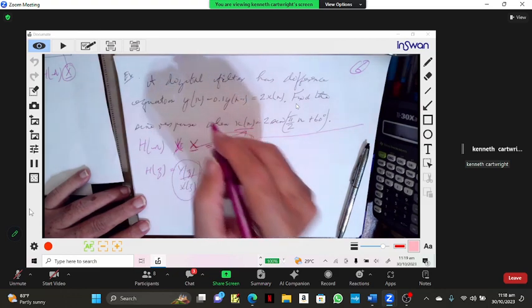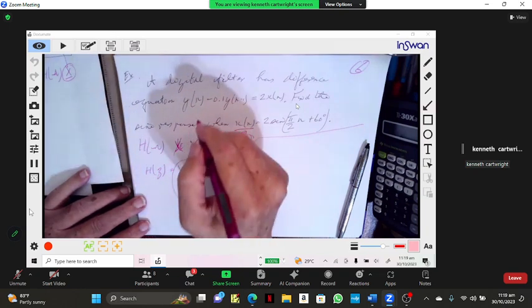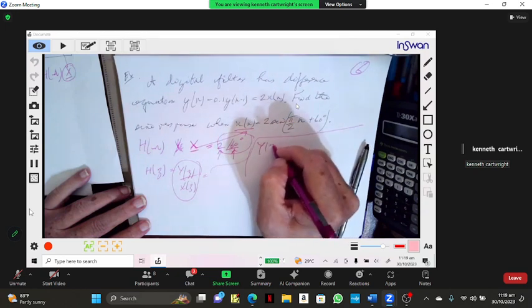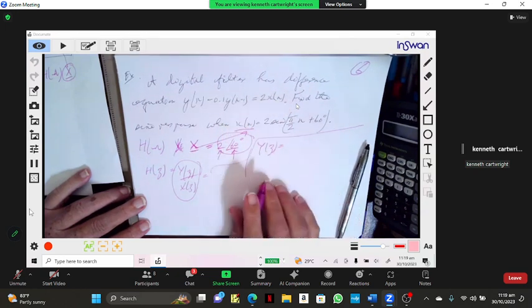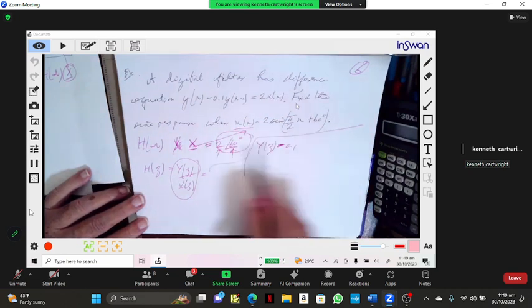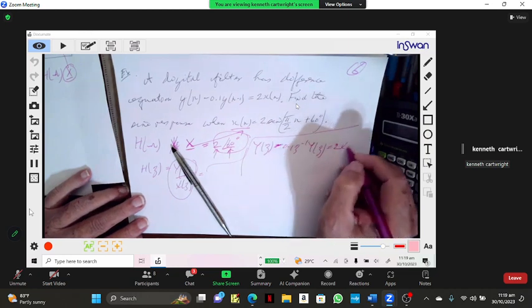Okay. I can't take any more nonsense. Let me just tell you. Y of n becomes Y of z. Minus 0.1 times Y of n minus 1 is z to the -1 times Y of z. Plus 2 times X of z.